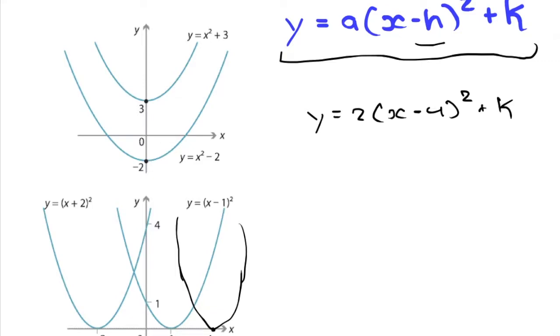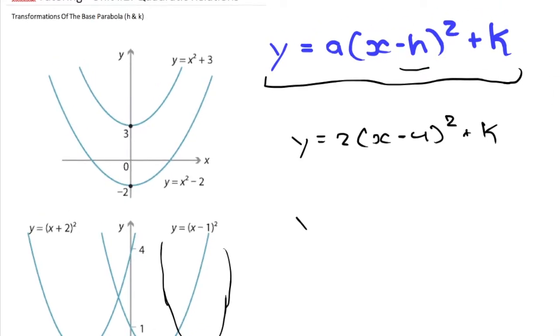So say for example I have the equation y is equal to, let's say again, 2(x minus h) squared plus, let's say, 3. We're not really working with h right now, so I put it as a variable. The graph would be translated 3 units upward.